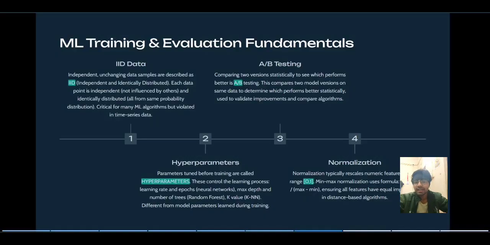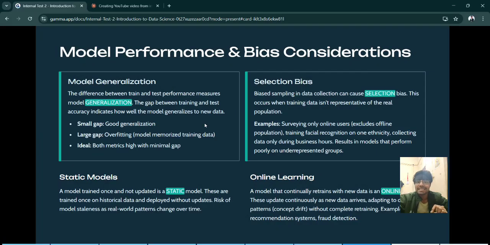So question number 19: comparing two versions statistically to see which performs better is called blank testing. So the answer is A/B testing or hypothesis testing. A/B testing compares two model versions on the same data to determine which performs better statistically.